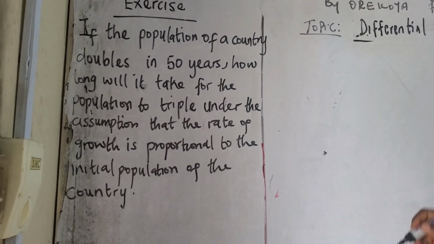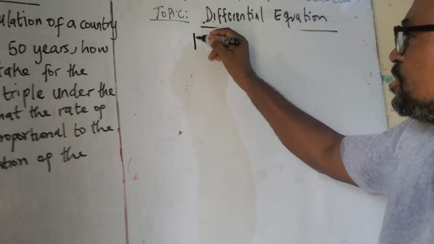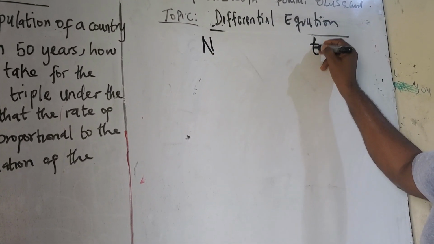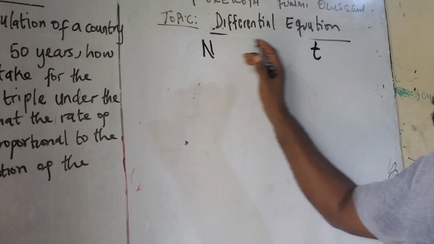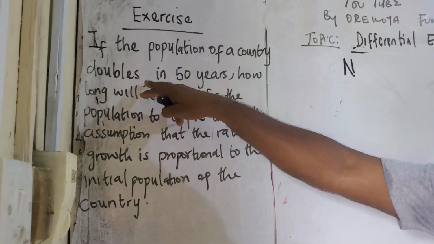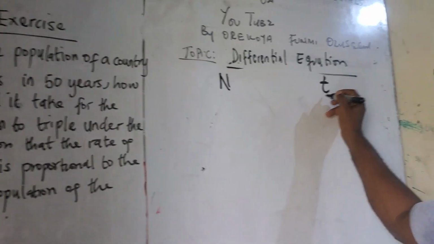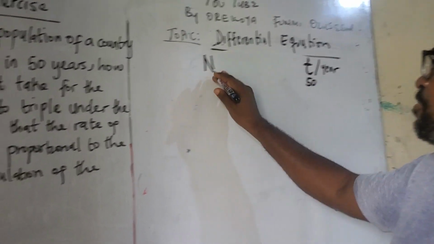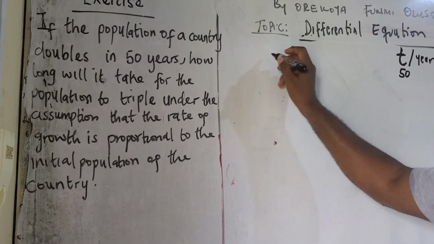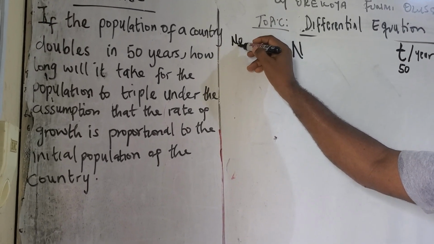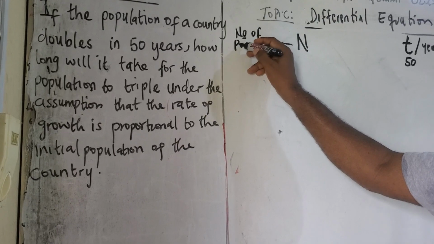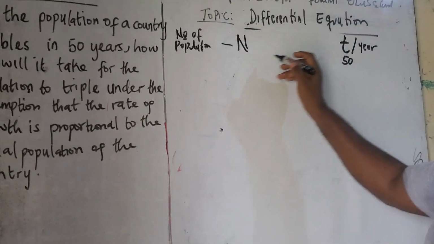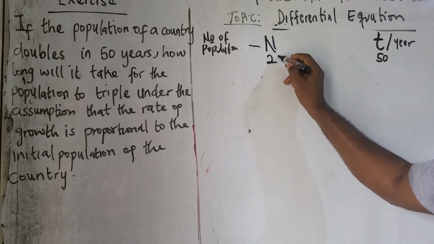So what this is saying is, if we have the number of population of the country to be n, and the time of change is t. According to this question, in 50 years, when t is 50, so t is in years, the population doubles. This is the number of population. So in this 50 years, the number of population doubles, meaning we are going to have 2n.